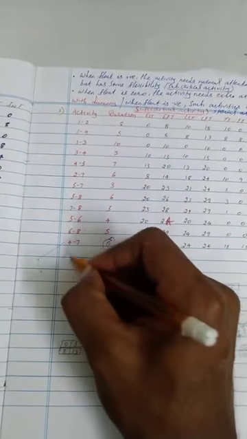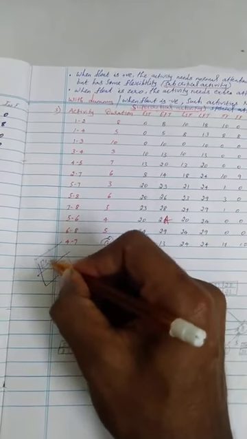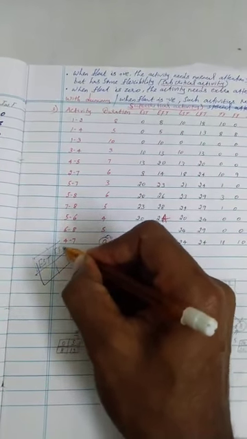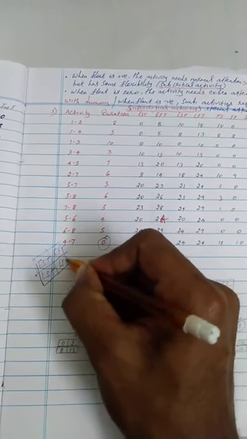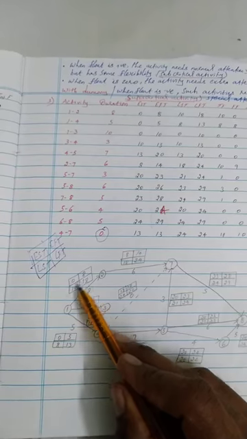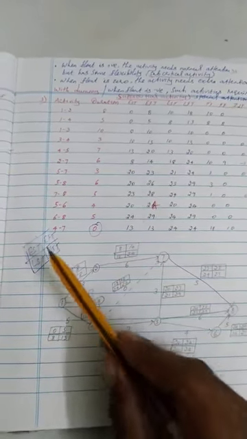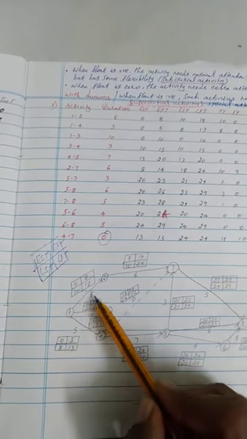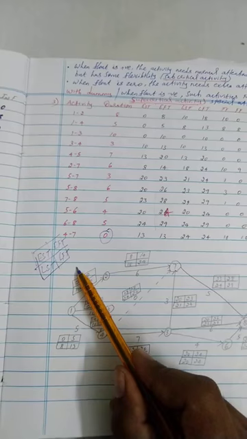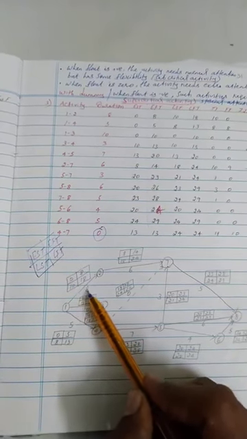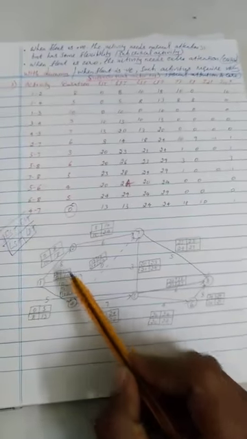EST and EFT is the forward pass process, LST and LFT is the backward pass process. In EST, EFT you add the duration, and in LST, LFT calculation you subtract that activity's duration. That is the key thing to find out.